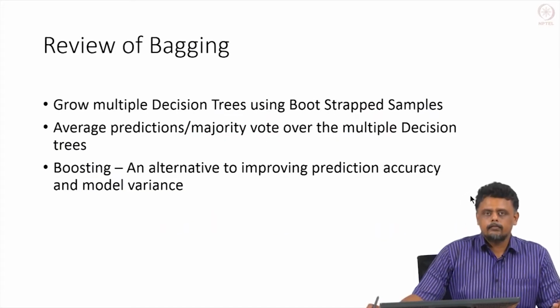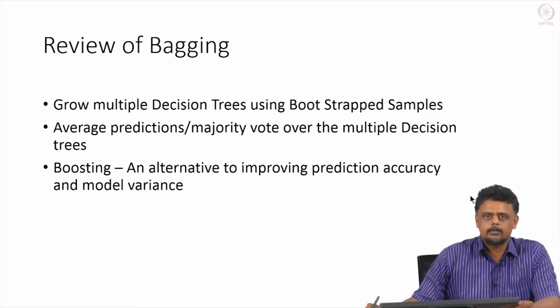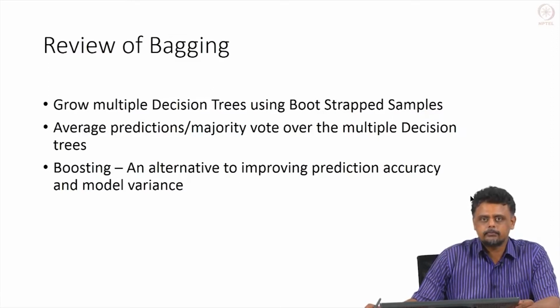Okay, so we saw in the last lecture that bagging improves performance primarily by reducing the variance, and that is accomplished by training multiple decision trees over bootstrapped samples of your data.